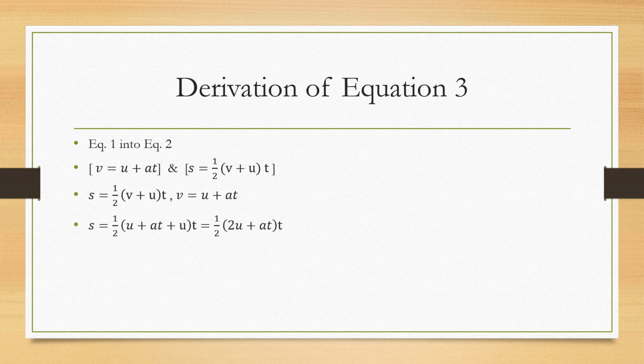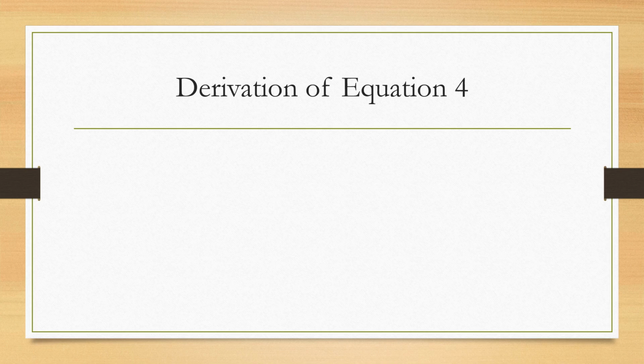Then we get s equals half (u plus at plus u) t. Then we factorize it, and we get s equals (2ut plus at squared) over 2. To make it simple, we can further factorize it into the final form of the equation, which is s equals ut plus half at squared. So this is the third equation of linear motion.